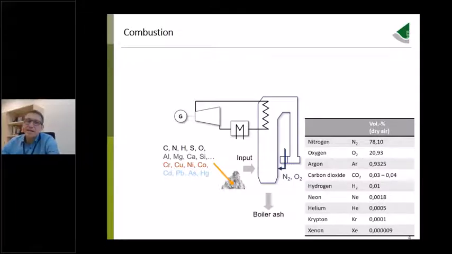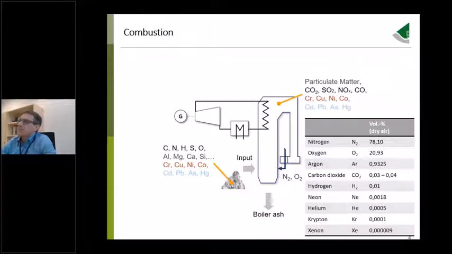What we get, in all cases, is a so-called boiler ash, which comes directly out of the furnace, and we generate exhaust gas containing CO2 from the combustion of carbon, but also SO2, nitrogen oxides, uncombusted or incompletely combusted CO, and also particulate matter, which is the minor elements, the ash forming elements, and also the trace elements.